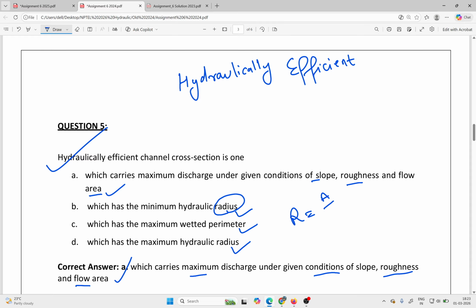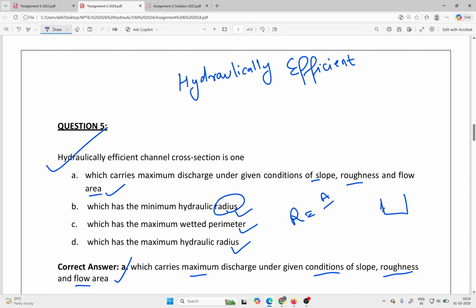So in an objective type question, you have to go with the most appropriate option. Wetted perimeter is also related to your area, and which has the maximum hydraulic depth, because area is nothing but width and depth. So wetted perimeter is nothing but the addition of width and depth.